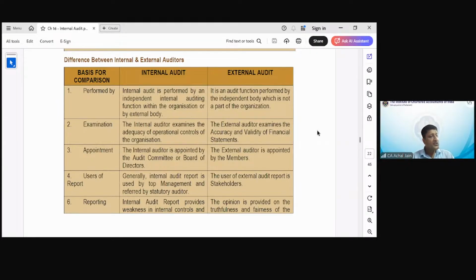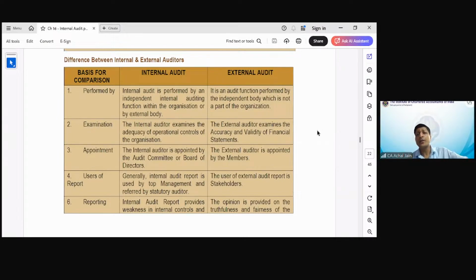Right? So that's why, what do you find? Generally, you find that the statutory auditor will also have discussions with the internal audit. Or during the year when the scope of internal audit is set up, statutory auditor may also have some role to play. Why?